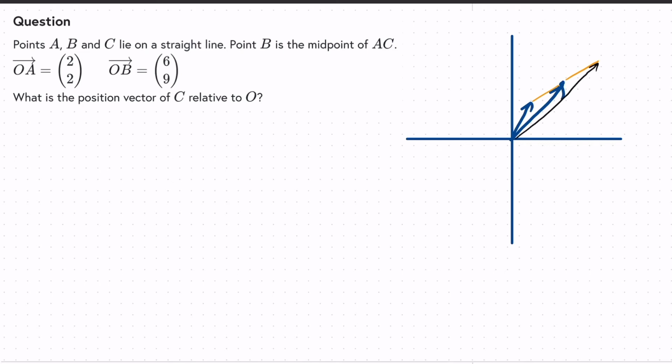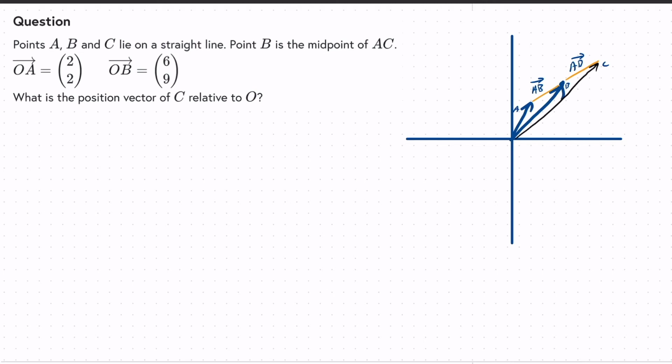If we think of this as the vector from A to B, well, as B is the midpoint, then I do an extra one of those to get from B to C.